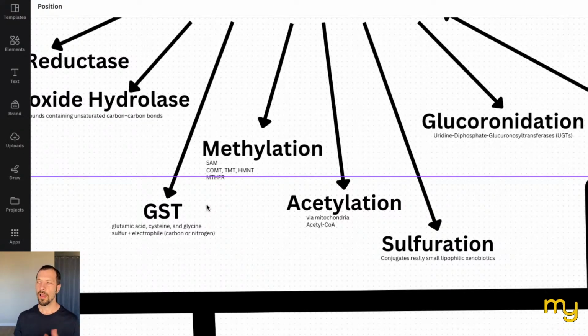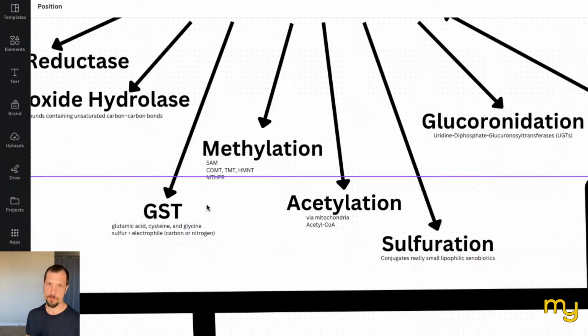And a lot of problems I see, specifically with a virus that's going around right now, is people taking Tylenol, acetaminophen, when they get a fever. And acetaminophen highly depends on glutathione S-transferase for it to be cleared out of the body.